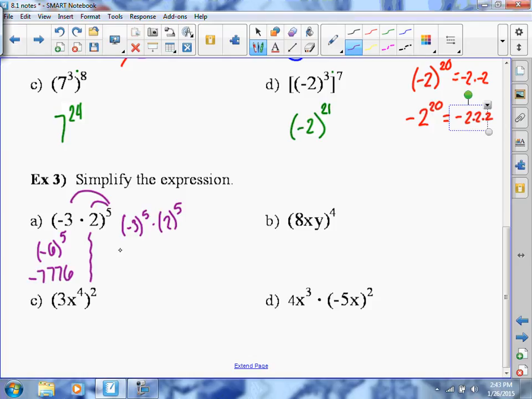And (-3) to the 5th is -243. And 2 to the 5th is 32. And then when you multiply those together, then you get -7,776. So that is the answer, whichever method you choose to use.